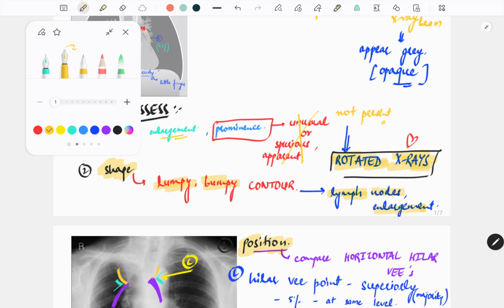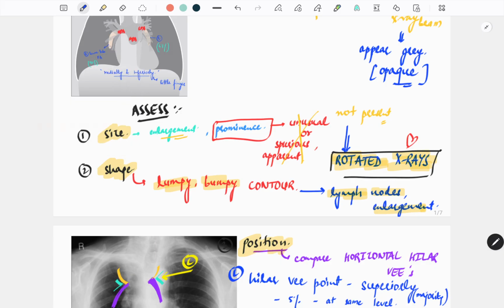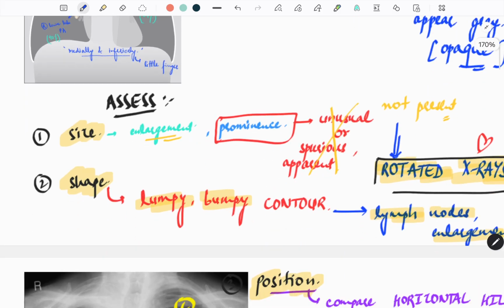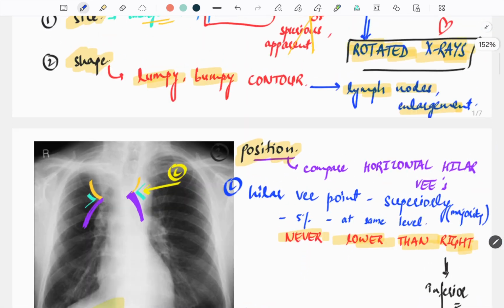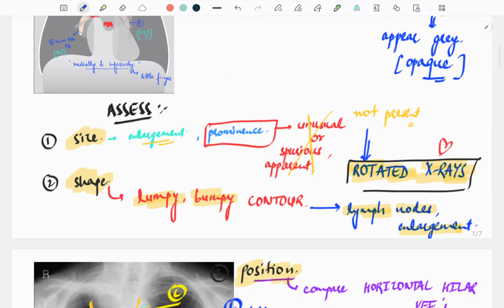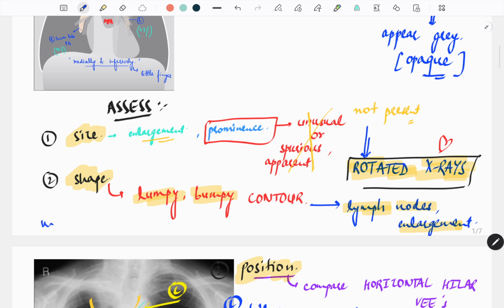If the shape is preserved, if the shape is maintained, no lumpy bumpy contour is seen, and the vessels are enlarged, then this will indicate pulmonary artery hypertension.